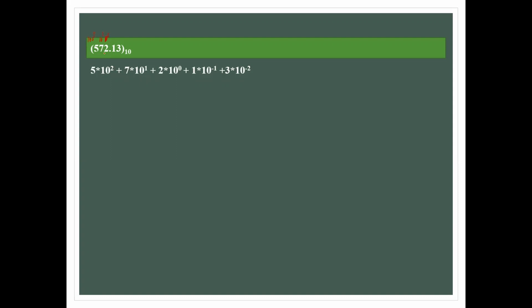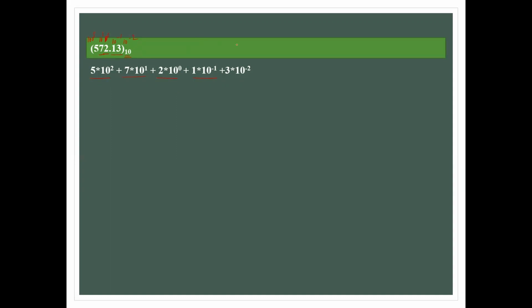So what I do is 2 into 10 power 0, because this is in base 10, 7 into 10 power 1, and 5 into 10 square. Now whatever I have beyond the decimal part will be in the format 10 power minus 1, 10 power minus 2, and it keeps on going. So plus 1 into 10 power minus 1, 3 into 10 power minus 2.